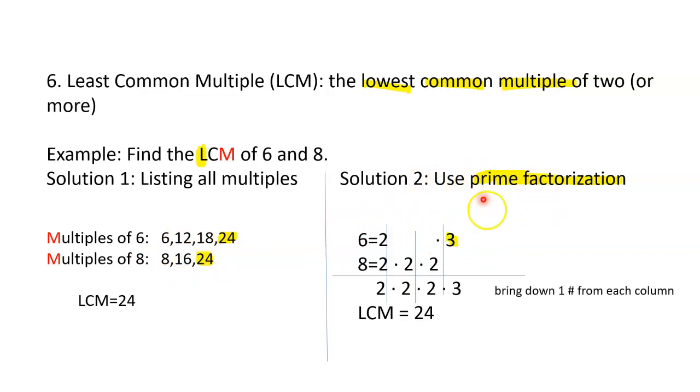However, the second method not only can be used to find the least common multiple, but also can be used to find the greatest common factor. So we will explain in the next video.